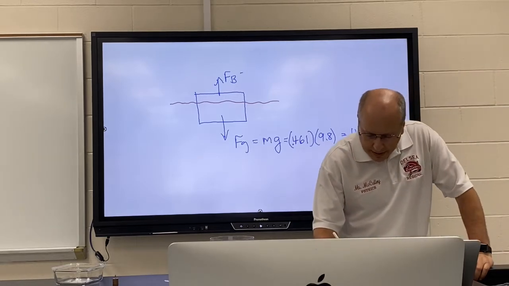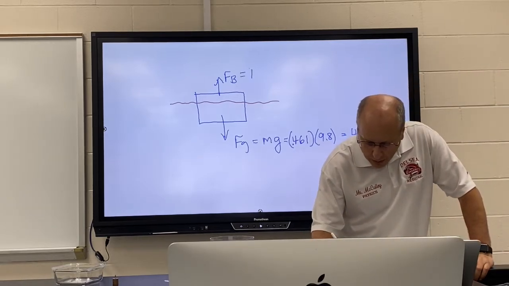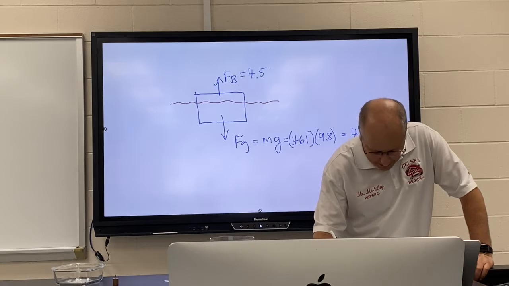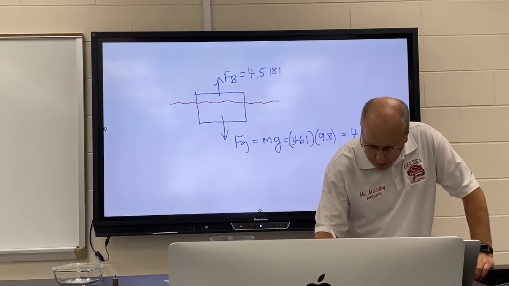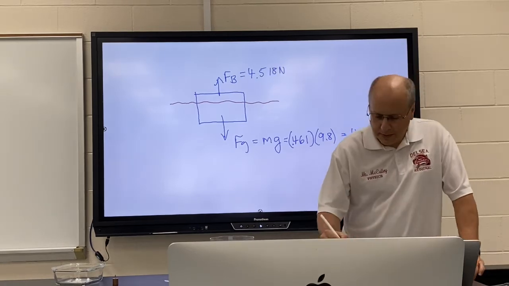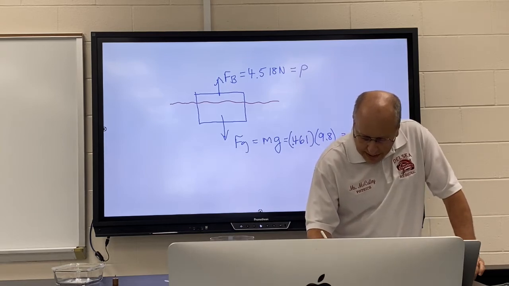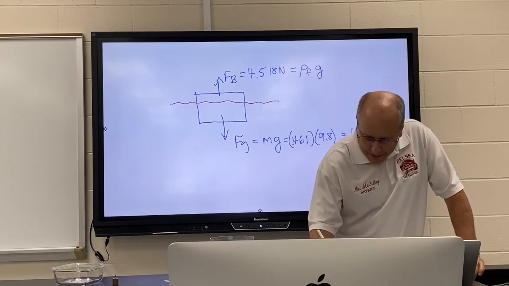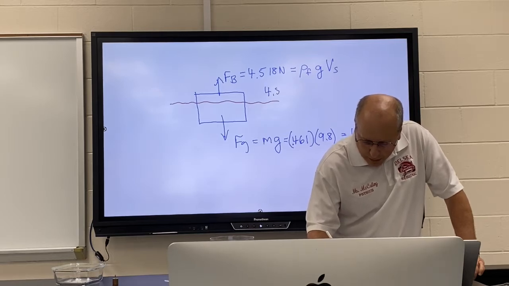If we are going to have this thing float, we need the force gravity to equal the force buoyancy. Buoyancy, again, is fluid density, gravitational field, volume submerged. So we have 4.518. The density of water, again, is 995.